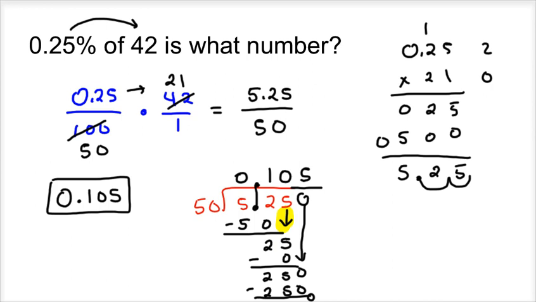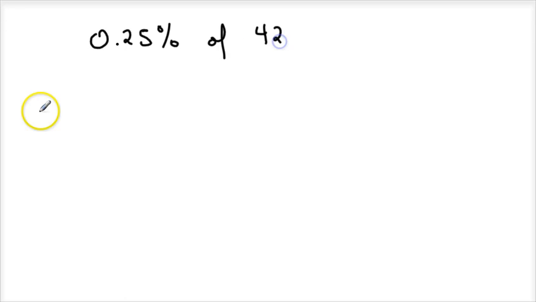We could do this problem again with just multiplication. So we have 0.25% of 42. First step, turn this into a decimal, moving my decimal over 1, 2.